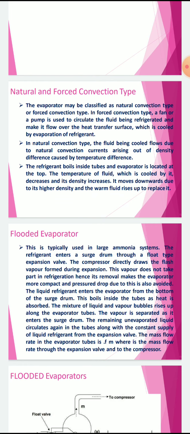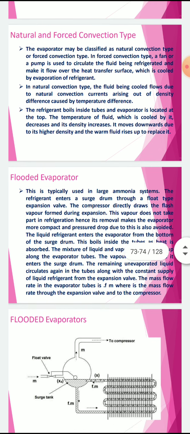The temperature of the fluid which is cooled by it decreases and its density increases. It moves downwards due to its higher density, and the warm fluid rises up to replace it.